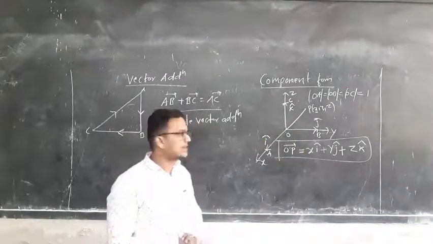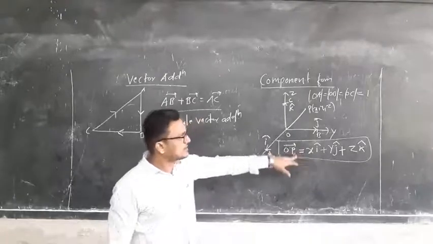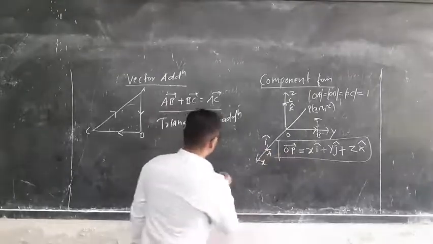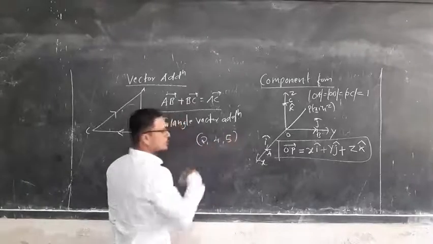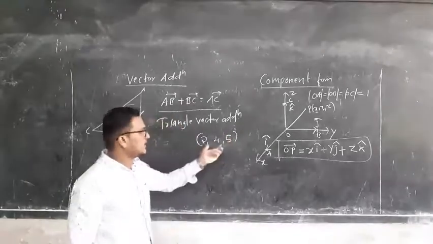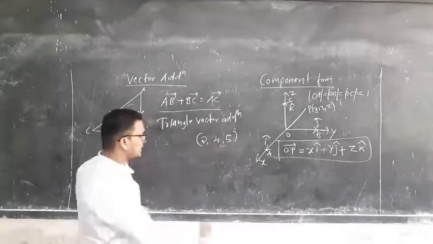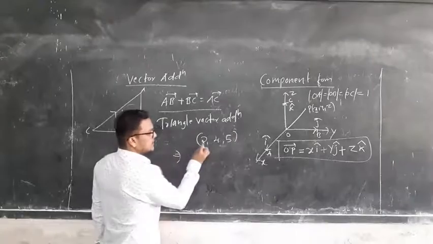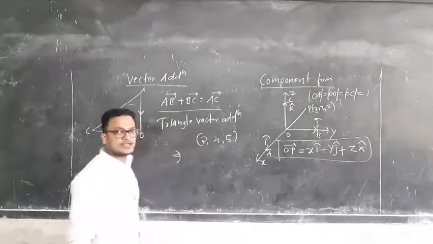Let us take one example. Suppose we have the point (2, 4, 5). Now this point we want to write in component form. So how to write it? The x coordinate is 2, the y coordinate is 4, the z coordinate is 5.